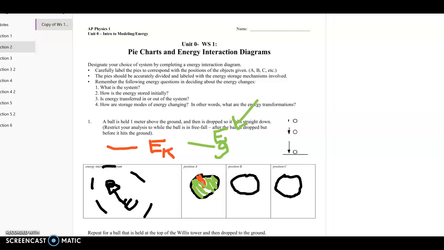So maybe I'm going to say it's faster. Okay, that's really terrible, but you just have to work with me here, okay? But it still has some height, yeah? So some of it is still gravitational potential, yeah?